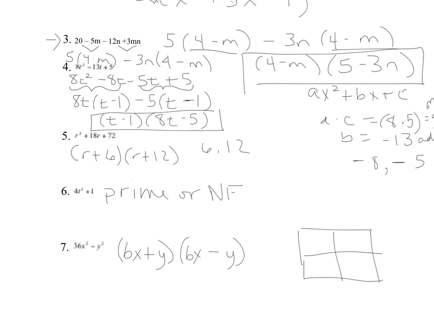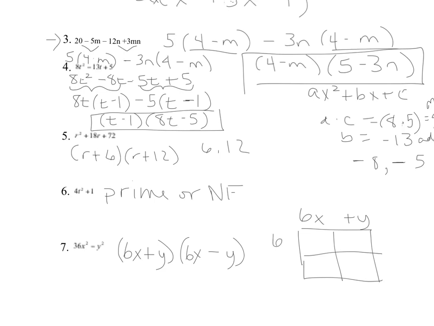I just made a box that's a 2 by 2, and the reason I did that is because I have 2 terms in 2 parentheses. So that means I want 2 rows, 2 columns. I'm going to take one parenthesis and write each term across the top of each column. The other parentheses will go beside each row.